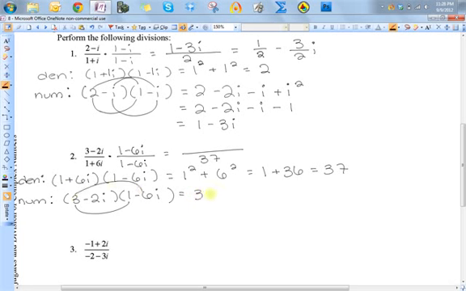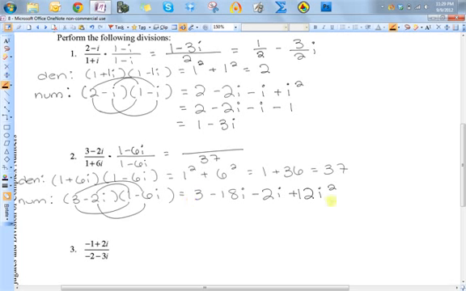Outside is minus 18i. Inside is minus 2i. And last is plus 12i squared.